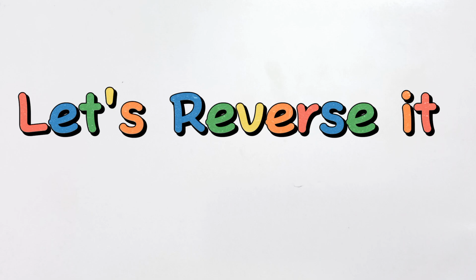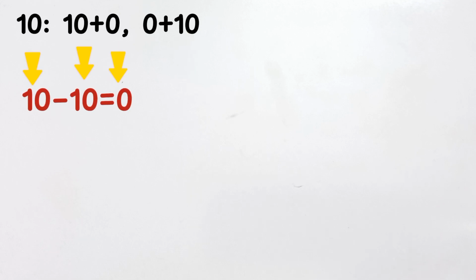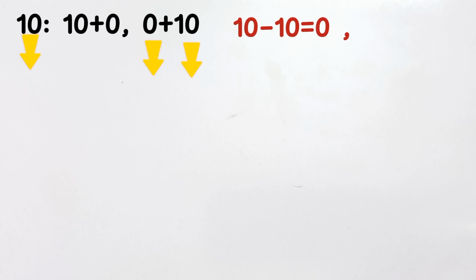Now let's reverse it. Let us consider the first number bond of 10, 10 plus 0 and 0 plus 10. If we subtract one number of this addition pair from 10, the answer is the other number. 10 minus 10 equals 0 and 10 minus 0 equals 10.